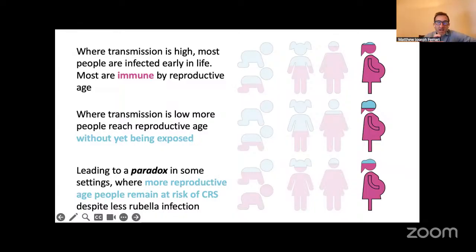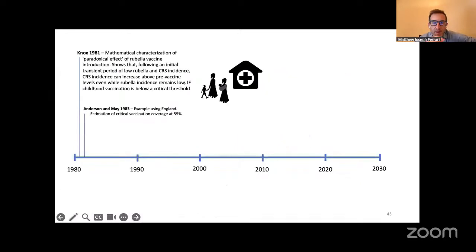And it hinges on this definition of what vaccination level is high enough to prevent this risk from happening, right? And the underlying process that generates this is the nonlinear feedback between vaccination reducing risk of transmission and therefore shifting the age distribution of infection.